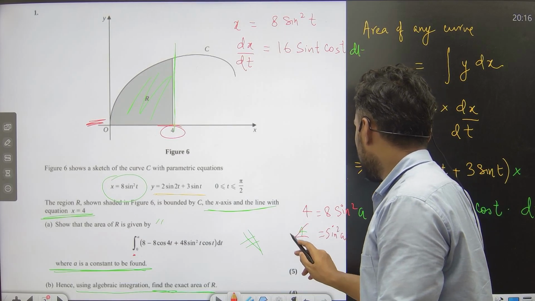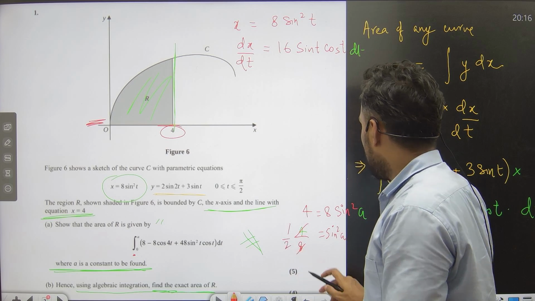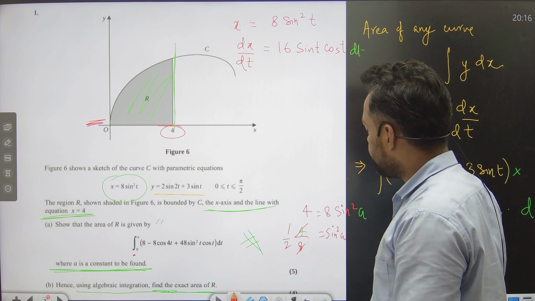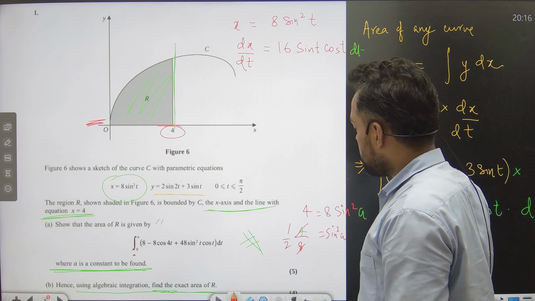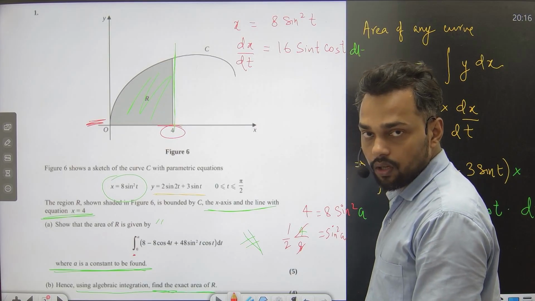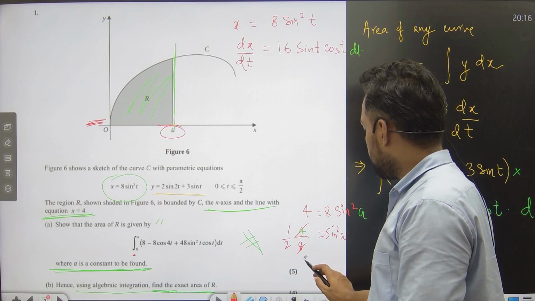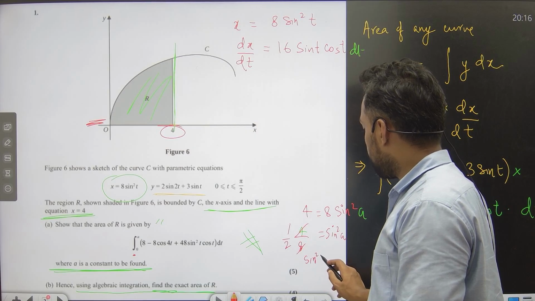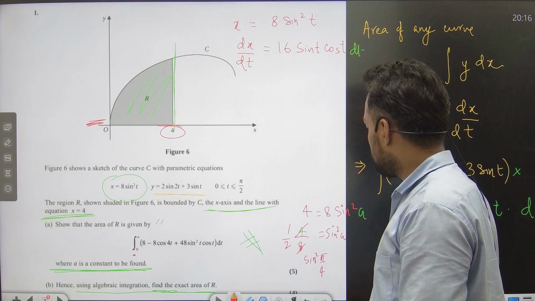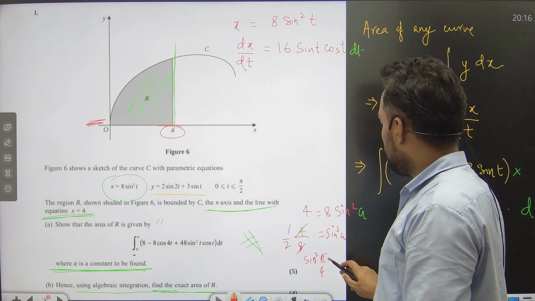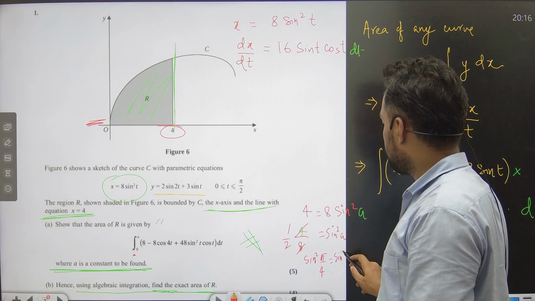So this value got cancelled, that is 1 by 2. On what trigonometric value are we getting 1 by 2? Since there is a square on the right-hand side, it could be written as sin square pi by 4, equals sin square a.